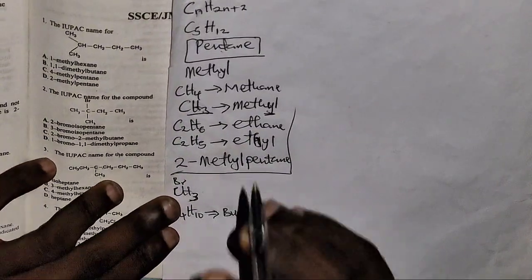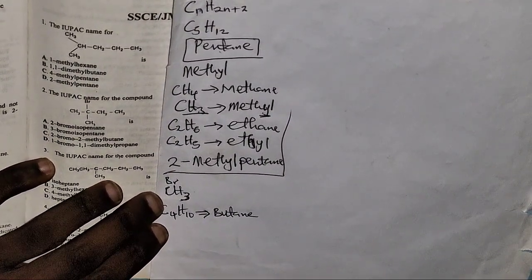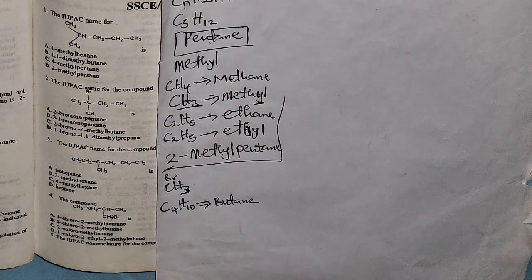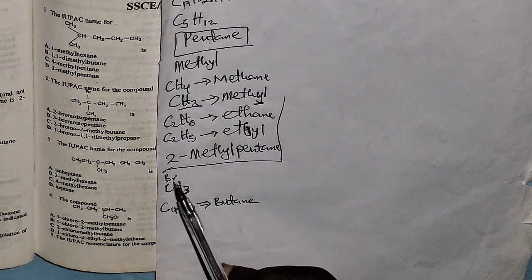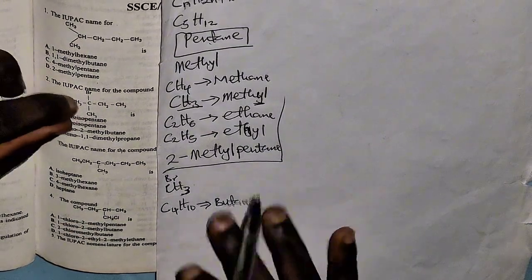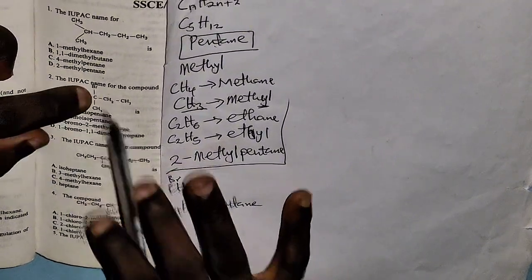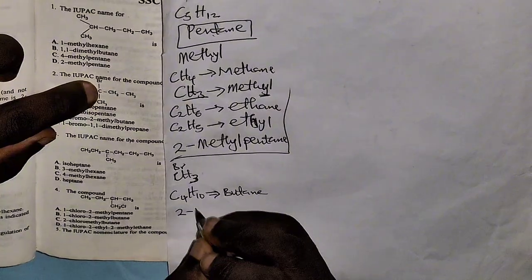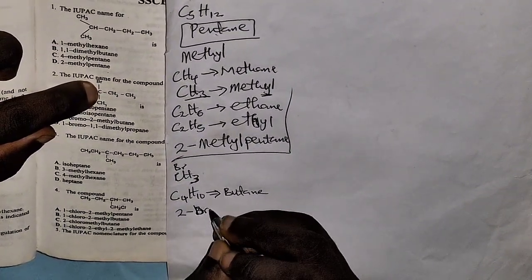Because if you follow alphabetical order, bromine comes before methyl. So in the naming, bromine will come first. Bromine is attached to what carbon? 1, 2. It's attached to carbon 2. I will say 2-bromo. I write it as a small letter, 2-bromo.